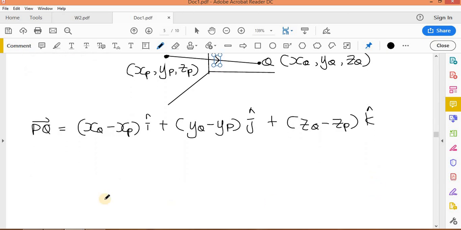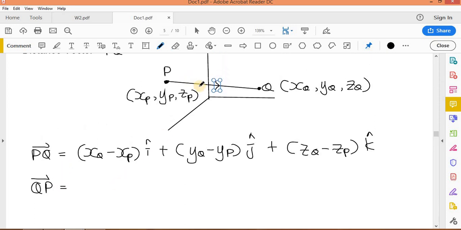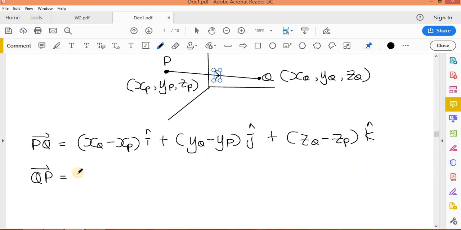What will happen if it is QP? QP means from point Q to point P, so the arrow will be in the reverse direction. And the formula, of course, will be different.